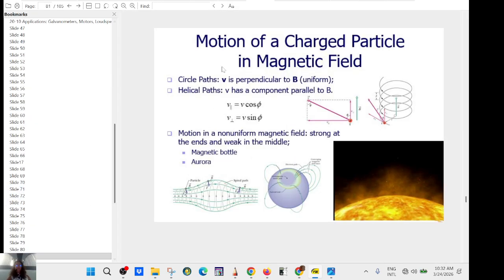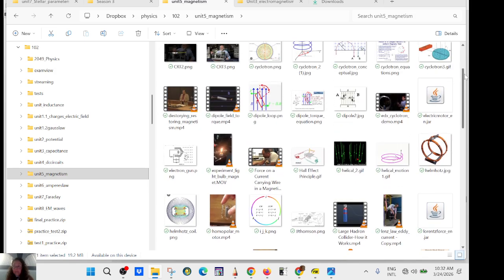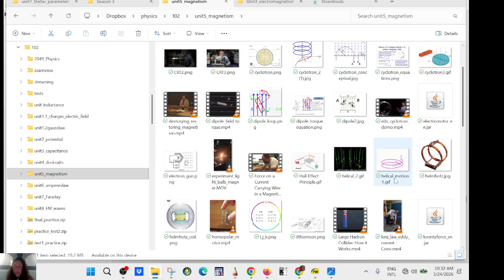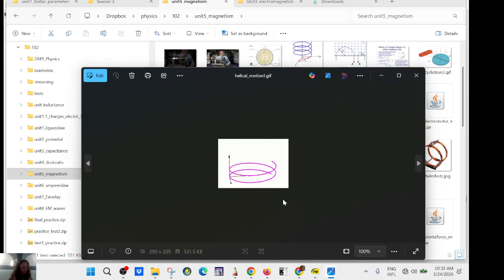So motion. So you have something called helical motion. When you have a magnetic field and a particle is coming from space, for example, it has velocity.